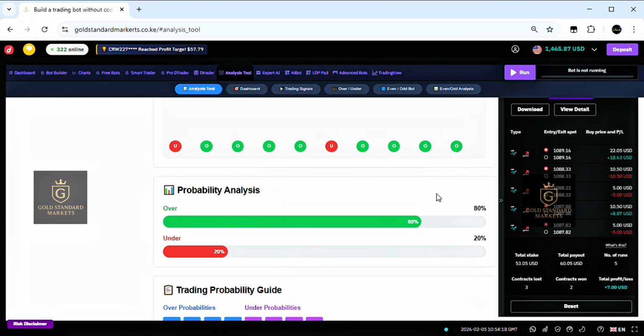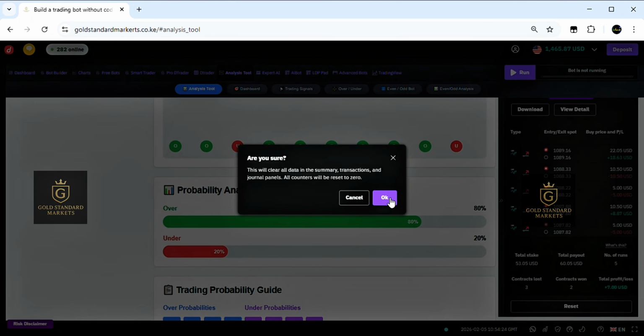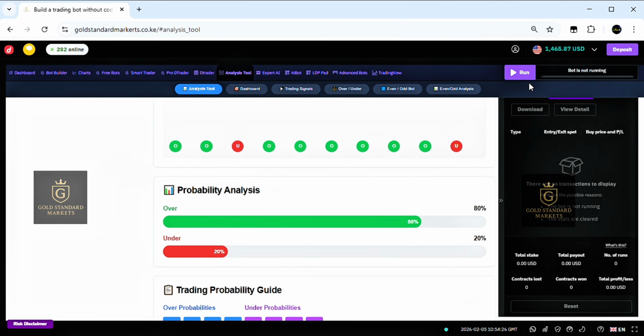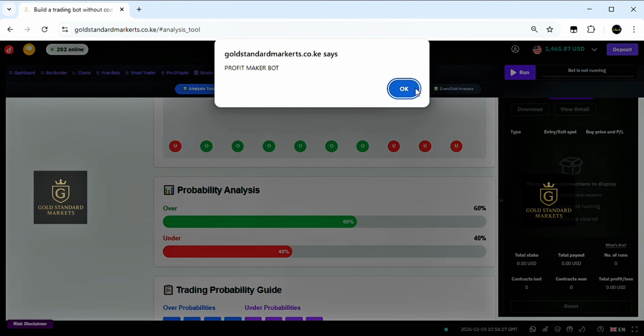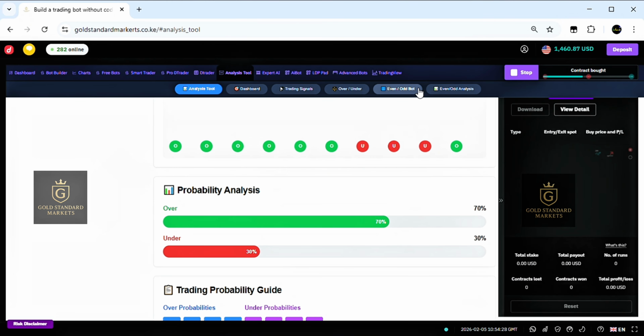So reset, and then we go again. I'm actually lying on my bed and doing this. Okay, so we go again. We reset and then we go again.